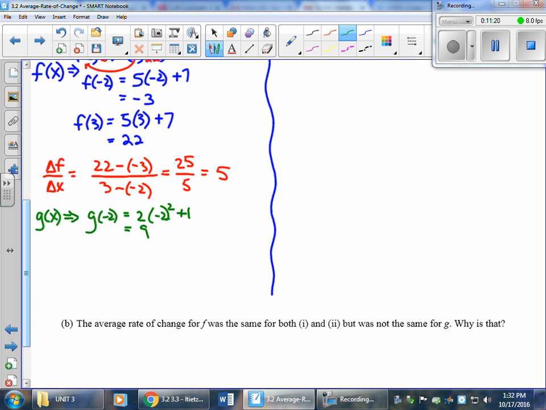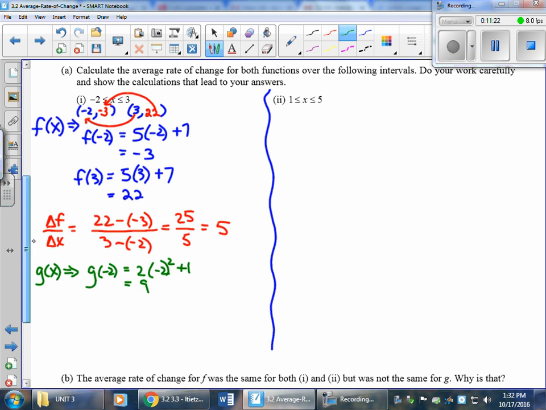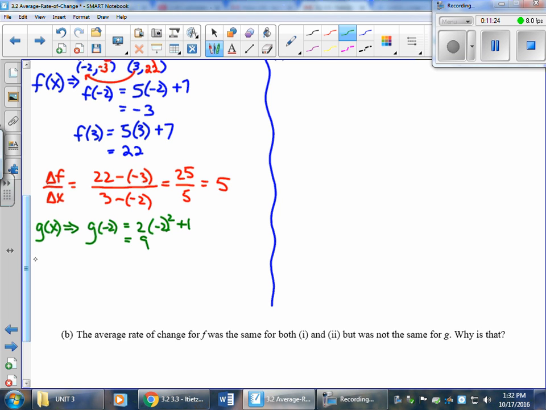So I know that point that we were just talking about up here was now going to be -2, positive 9. And we're going to do the same thing with our other interval, which is 3. So g of 3 is equal to 2 times 3 squared plus 1, which is equal to 19. 9 times 2 is 18. 18 plus 1 is 19. That's right. So we have 3 comma 19 being the other point.